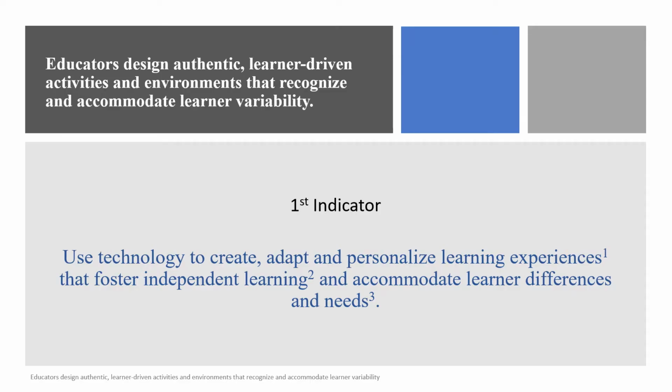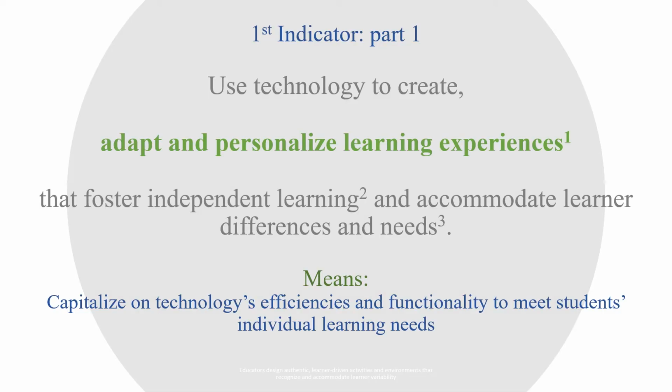It reads, use technology to create, adapt, and personalize learning experiences that foster independent learning and accommodate learner differences and needs. Next, we will further the definition by uncovering the intent of the three components of this indicator. And diving deeper into the first part of this indicator, adapt and personalize learning experiences.